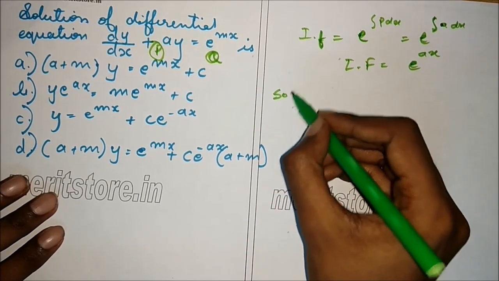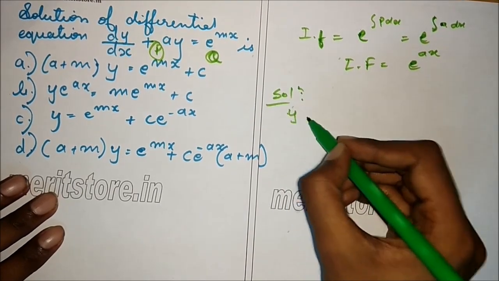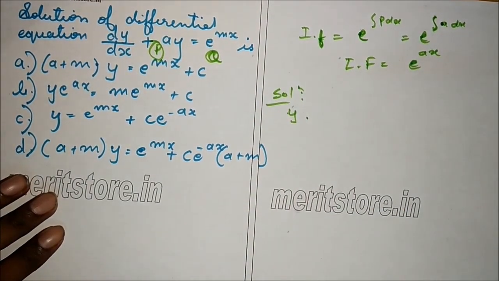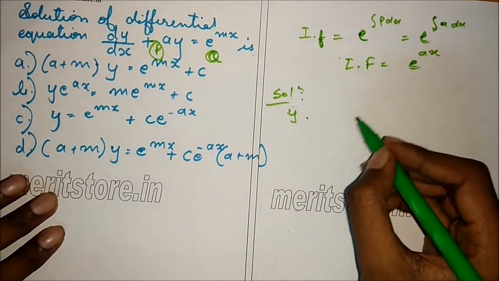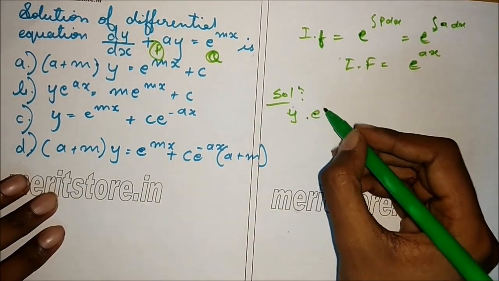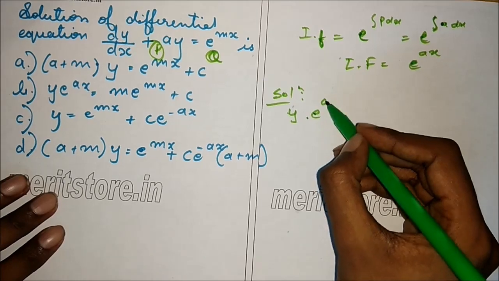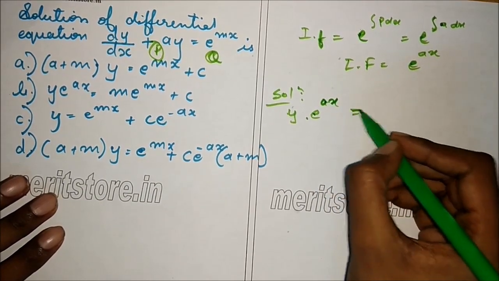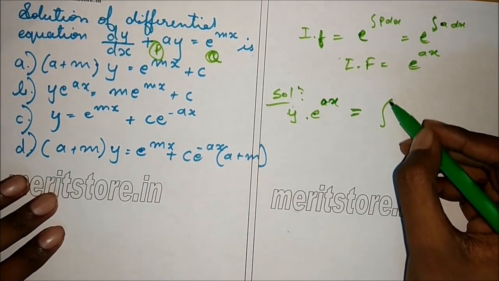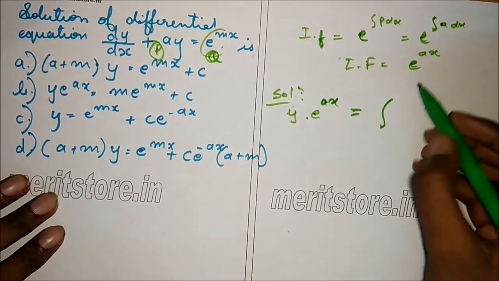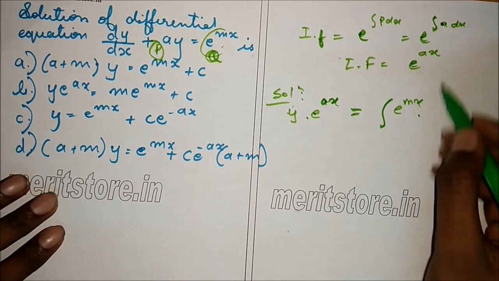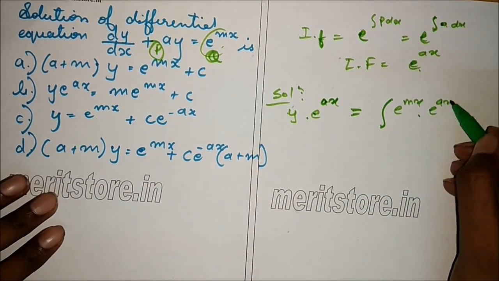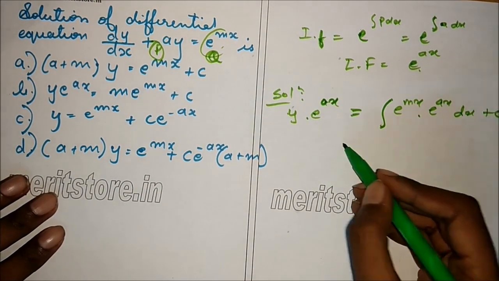So the solution is y into e raised to ax, that is the integrating factor, equals integration of q, that is e raised to mx, into the integrating factor e raised to ax, into dx plus c.